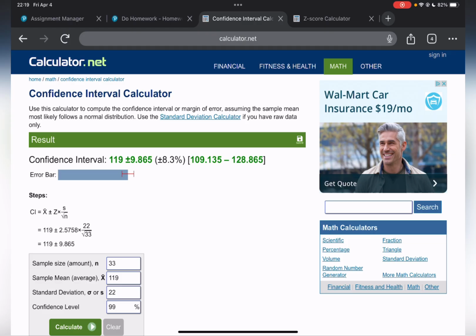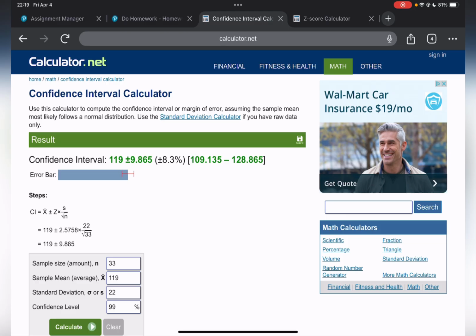Let me do it on the calculator. Let's see, here it's given, 119 is the average, and then plus minus 9.865. This 9.865, that's our error, because you can't precisely foresee the average, so you always allow some error.